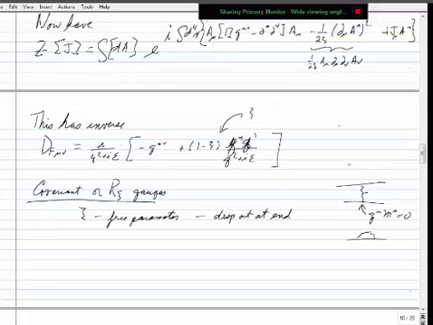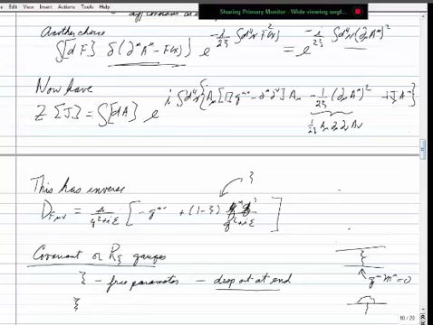And so there's my parameter c. So these are covariant gauges, or R_c gauges. c is a free parameter.